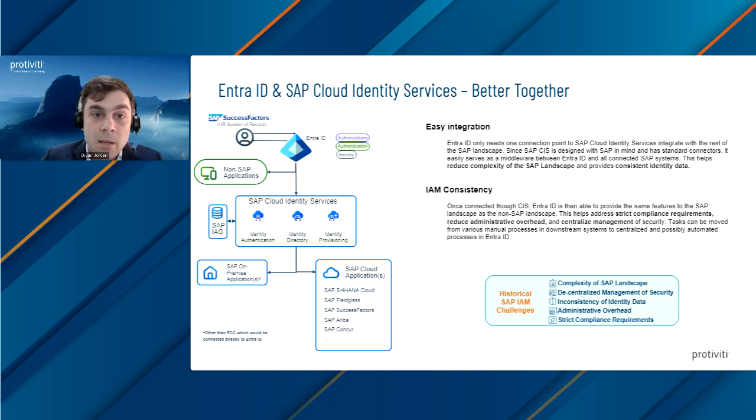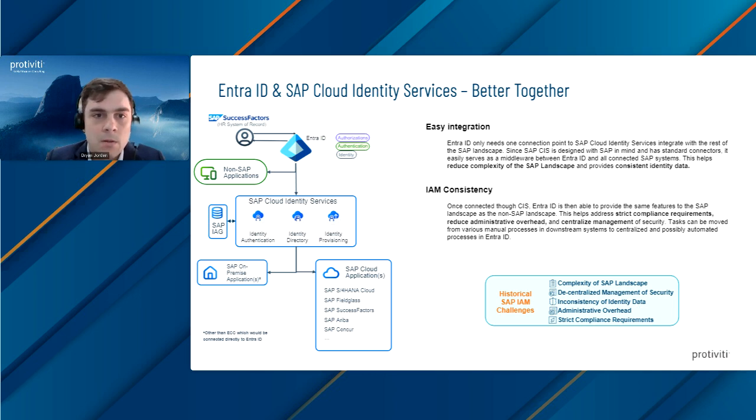So just being able to leverage that one connection means that you can focus on mapping the attributes and various things between Entra and CIS. And then CIS has all those pre-built connectors for the different attribute mappings to the downstream system. So it really reduces the time to value when you're trying to connect a new system. So establishing that first connection between Entra ID and CIS becomes a huge win, because then it's very easy to extend to additional systems.